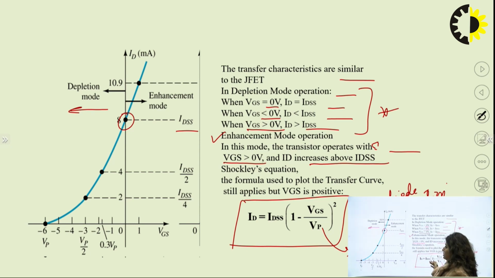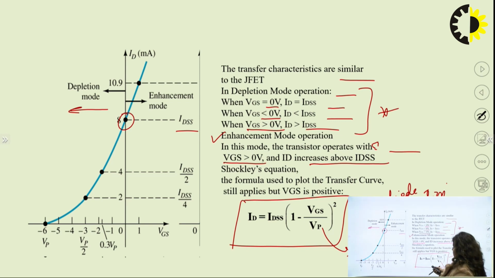Obviously we have to see what is the value of VGS, whether it is greater than 0 or less than 0, and with the graph we can easily find the pinch off voltage. In numerical problems we just put it down and easily calculate the value of ID.